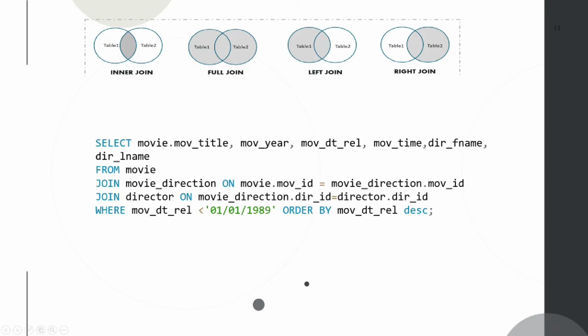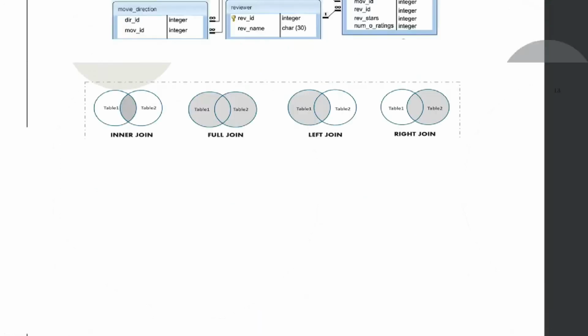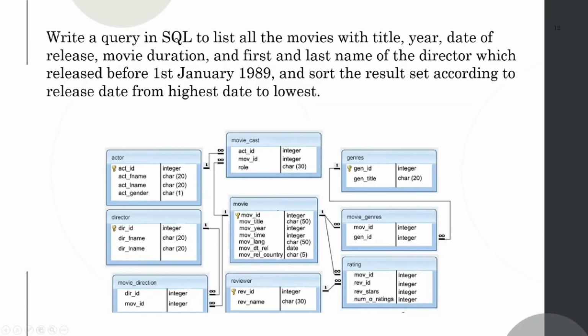Now movie date release is less than this one. Okay, movie date release, what they said, the directors which released before, means less than 1st January 1989, and sort the result set according to the release date from highest to lowest.